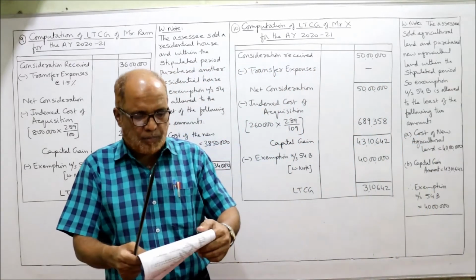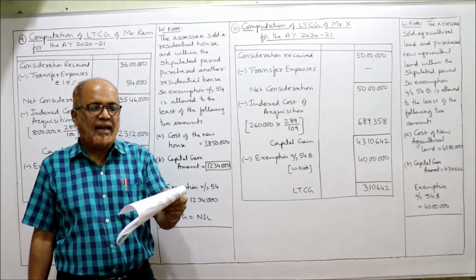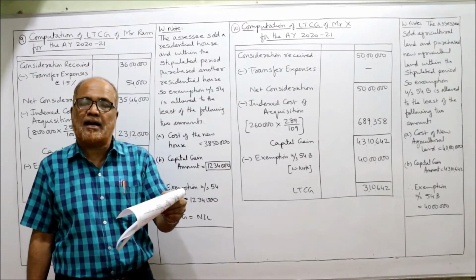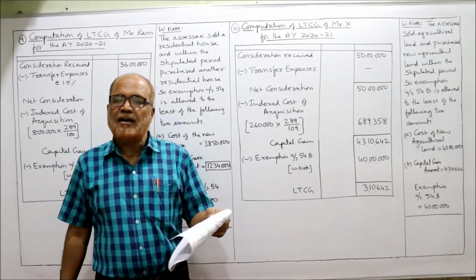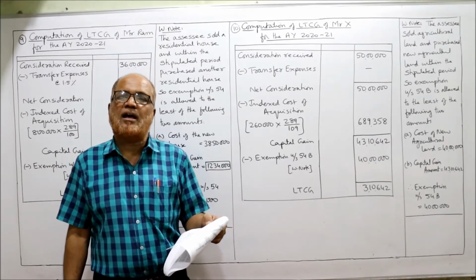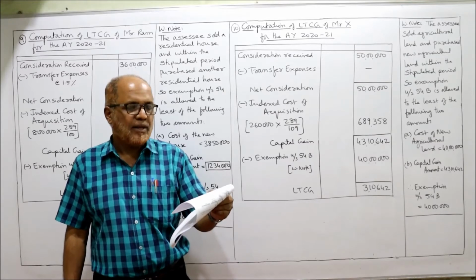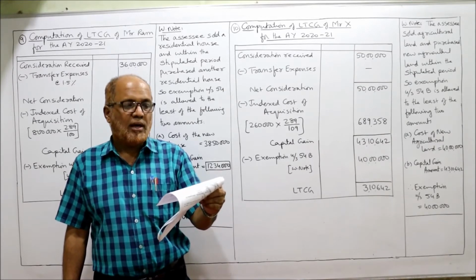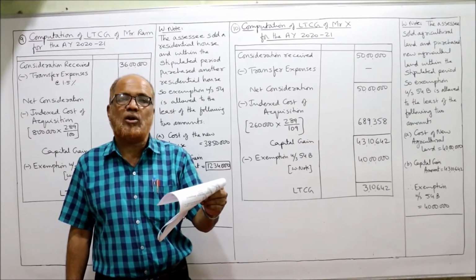Now I am reading out problem number 10. Mr. X sold 10 acres of agricultural land at rupees 5 lakh per acre. So sale consideration for 10 acres sold, each acre 5 lakh rupees. So 5 lakh into 10, 50 lakh, which he acquired 14 years ago at rupees 26,000 per acre, cost inflation index 109.